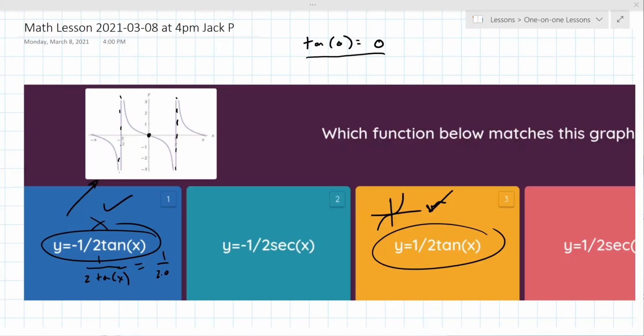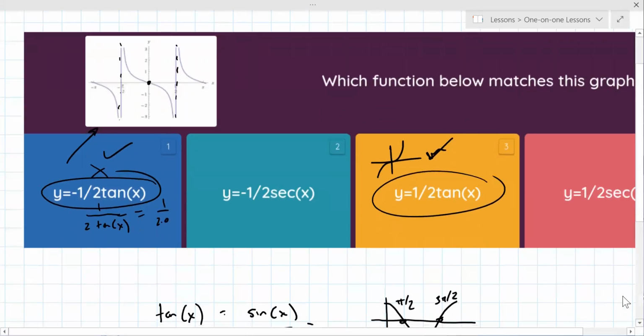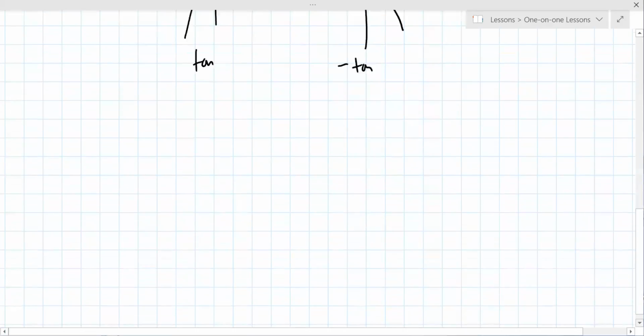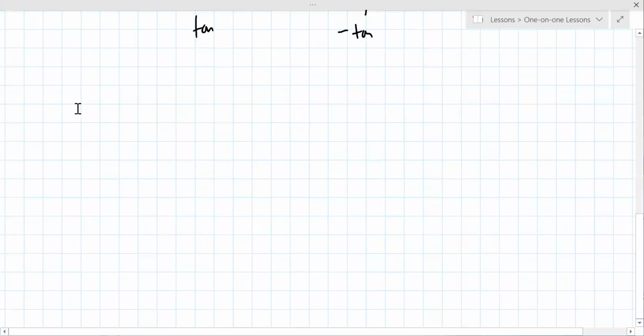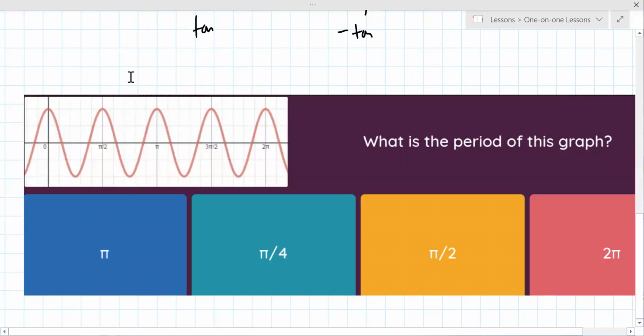In this case, let me snip it in here. Peak to peak would be how far it is from here to here, and that's pi over 2 and then 0. So you take pi over 2 and subtract 0. So peak to peak is pi over 2, and that is your period.